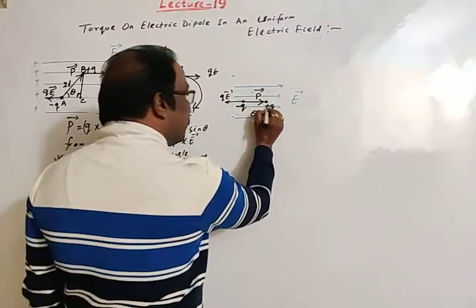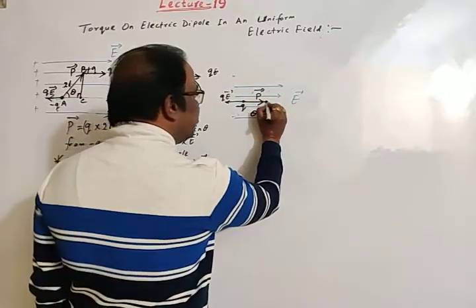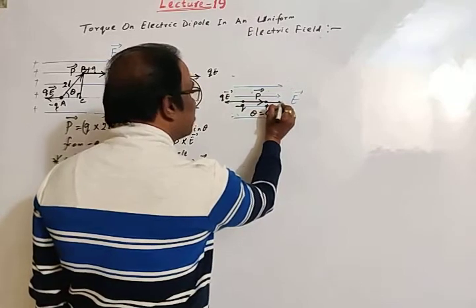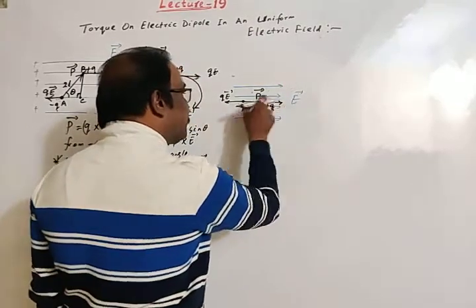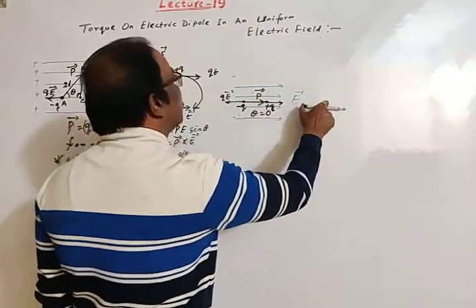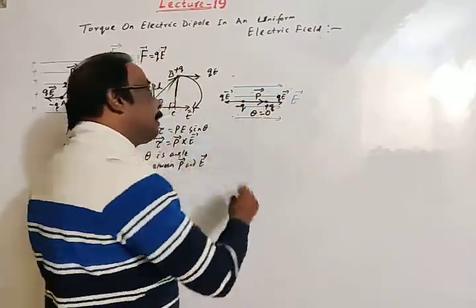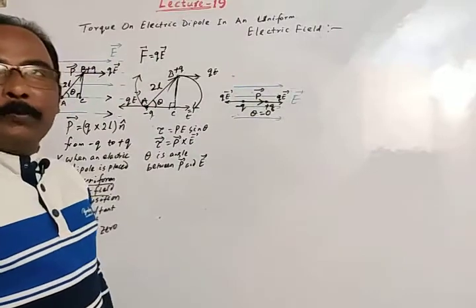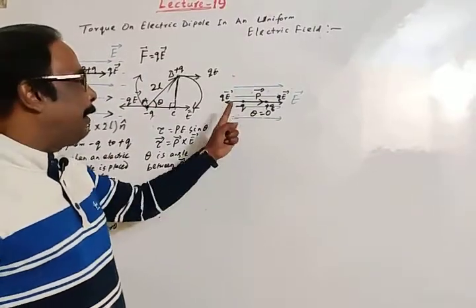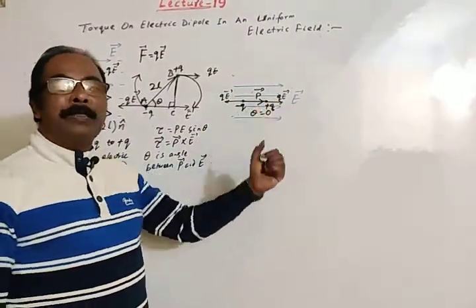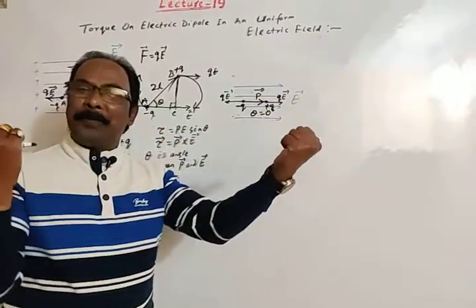This charge is positive, so it will experience a force along the direction of the electric field. This force is QE. Here theta is 0 degrees, the dipole is parallel to the electric field, and the dipole experiences two equal and opposite forces.